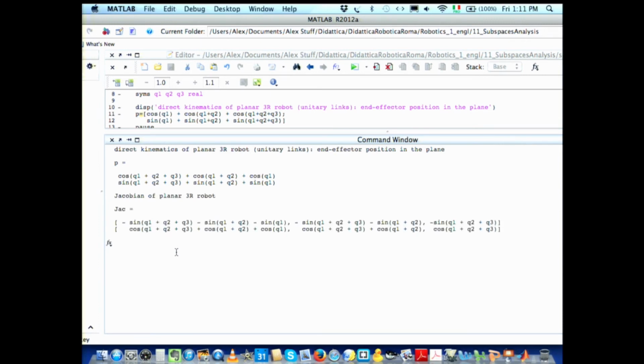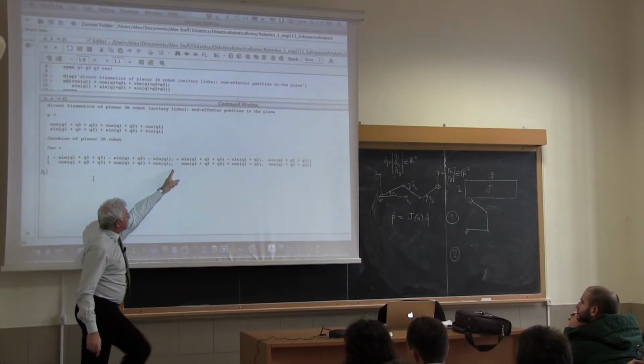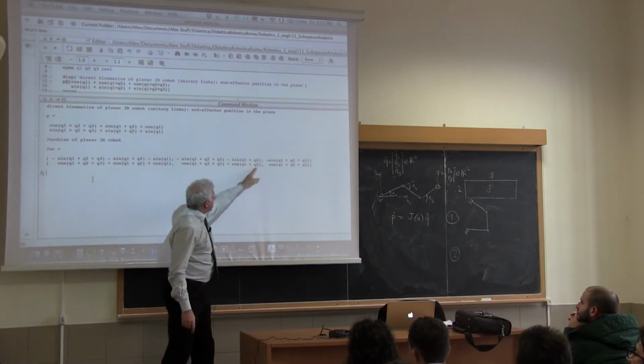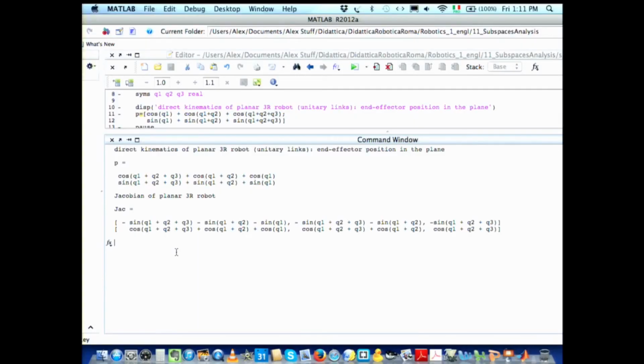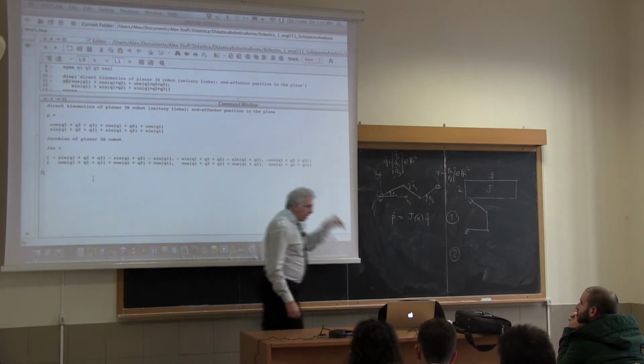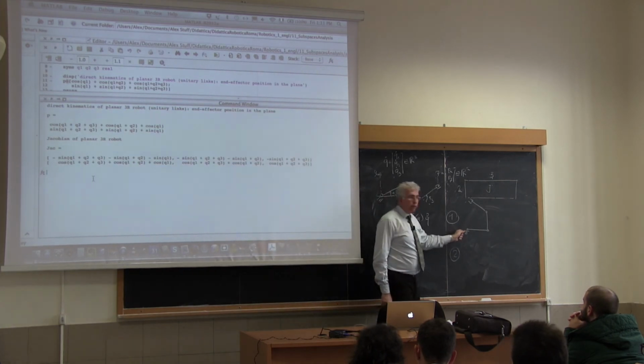The Jacobian has 2 rows and 3 columns. This is the first column, the second column, and the third column. You see, for instance, this is what we compactly write as C123, because it's cosine of Q1 plus Q2 plus Q3.